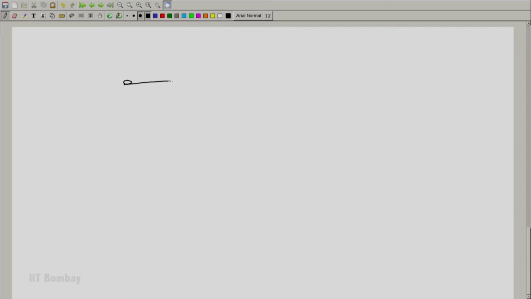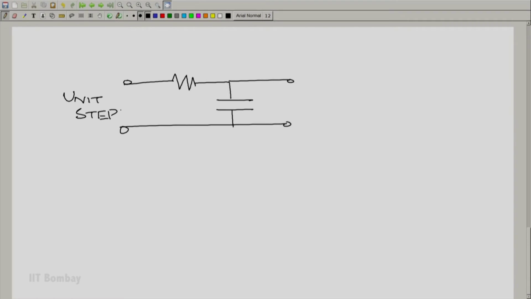We do not even understand what applying an impulse means at first go to this circuit. So, it is of course not too difficult to understand what happens when we apply a unit step. Let us complete that discussion anyway. We know what this RC circuit does when you apply a unit step. When you apply a unit step to this, let us denote the unit step by u(t).